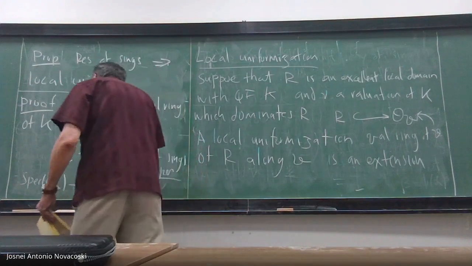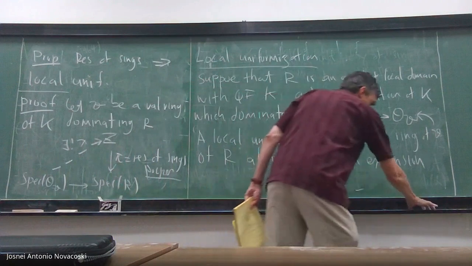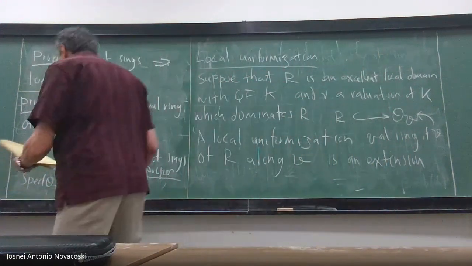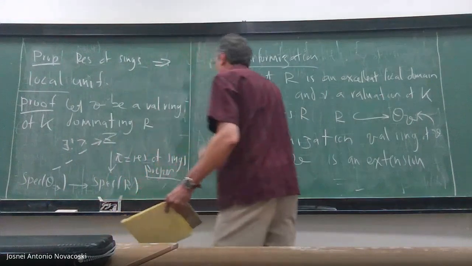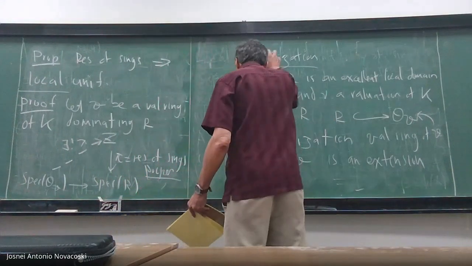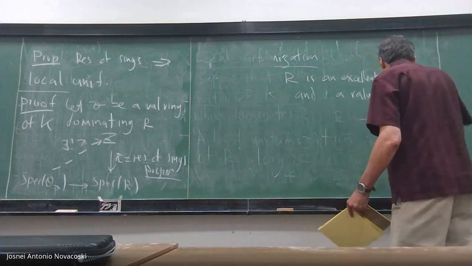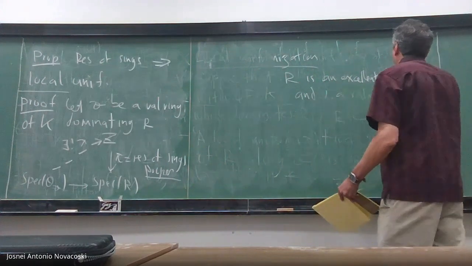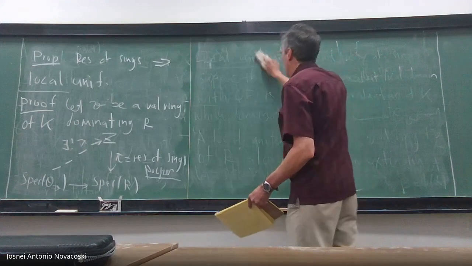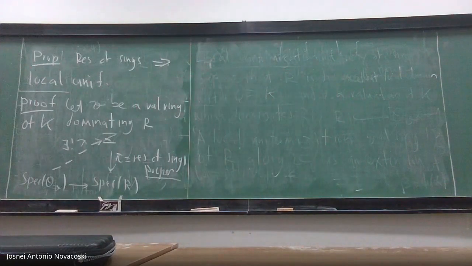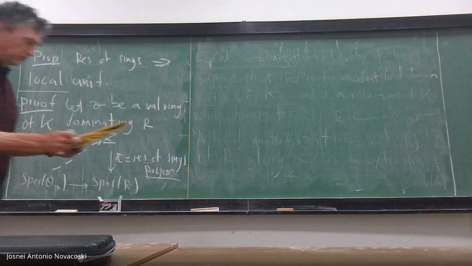Then what do we have? We look at what happens on the level of algebra. Remember that morphisms of schemes locally come from homomorphisms of rings.